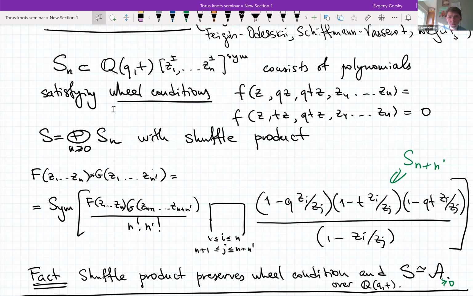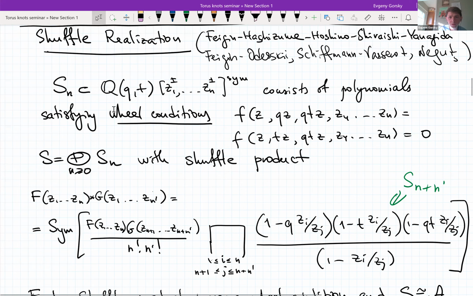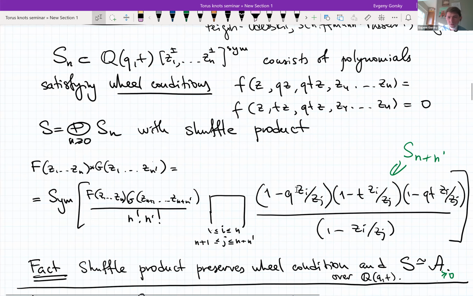So that will be our main object to study. And again, you see maybe more clearly in this language than in the definition of A that you see q and t and qt, and everything is symmetric in q and t in particular. So everything I will do will be symmetric in q and t.